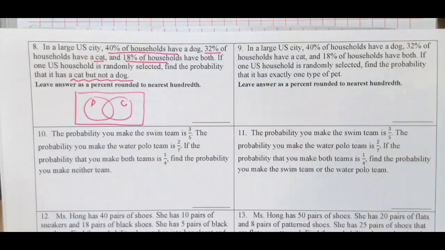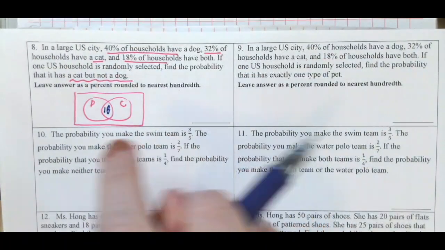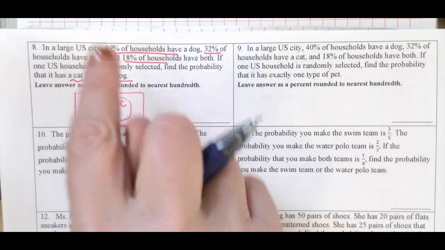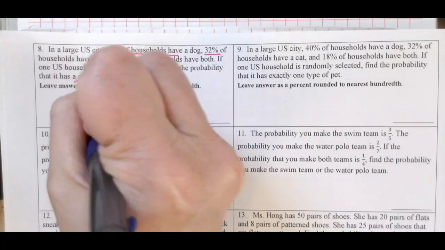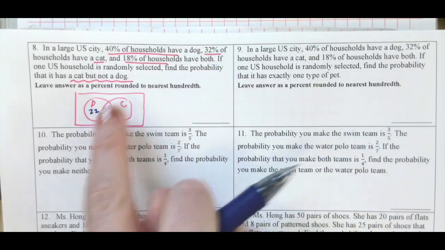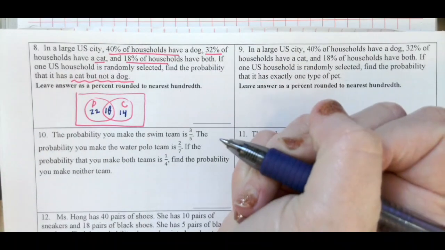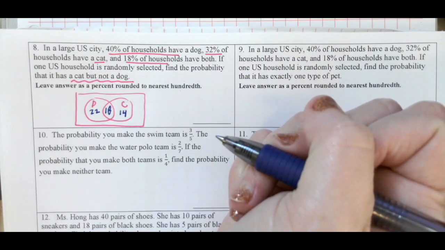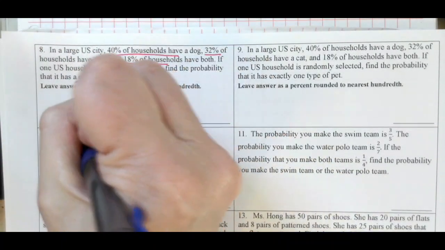Okay, 18 is both. Okay, just the dogs: 40% minus 18, here's 22%. Okay, cats, 32% minus 18, here's 14. What are my leftovers? If I take 100% and I subtract these three, 46% out here.